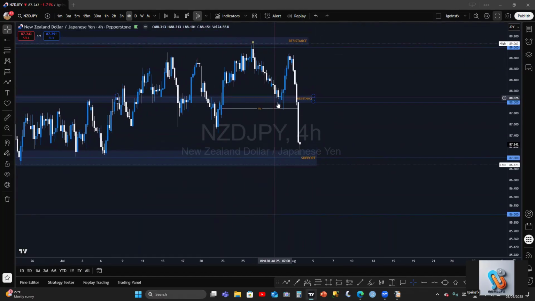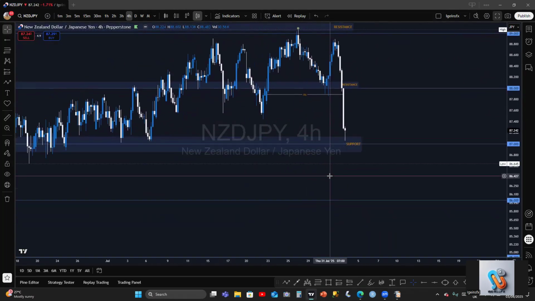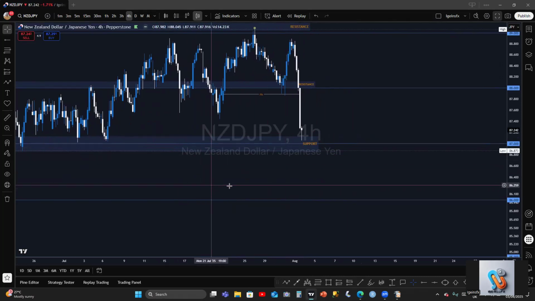At this moment, what this structure has given is a market shift, price dropping. And now we are at a support level. With this level holding, it's possible. If it breaks down, I'm just going to wait for a retest, then I enter to short.